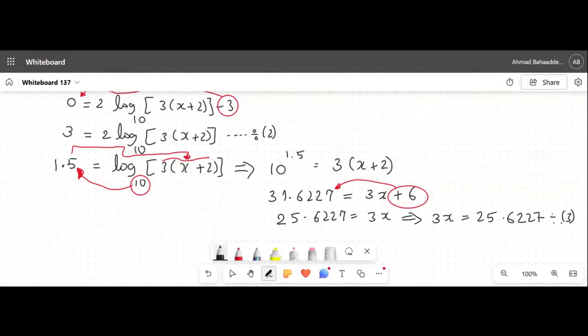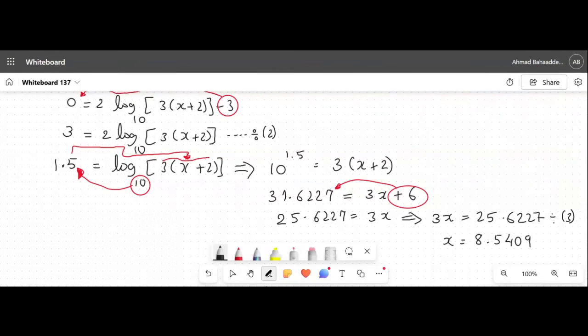So we divide this by 3 after we subtract the 6 from that, because 3 is the coefficient of x, so the answer is going to be x, guys, in here. That's going to give me 8.5409.